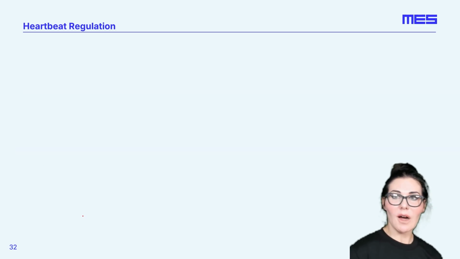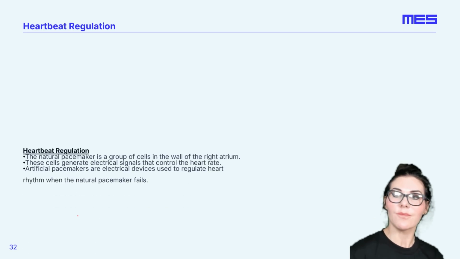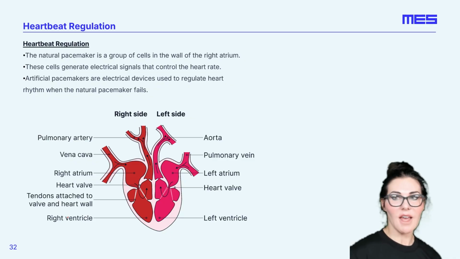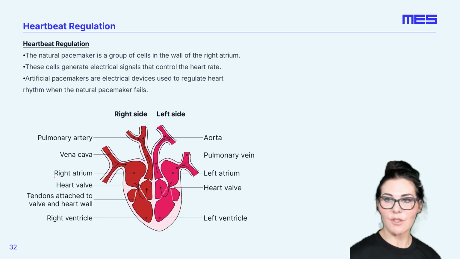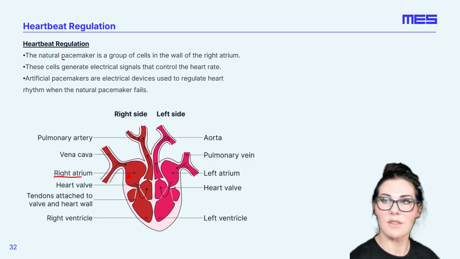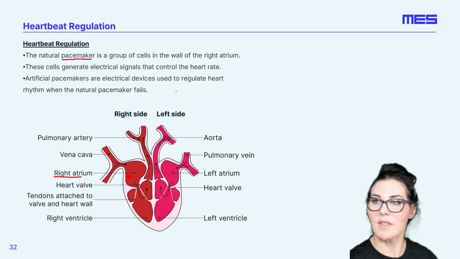Let's move on to our heartbeat and how our heartbeat is regulated. Now, we have in our heart a natural group of cells which are located in the wall of our right atrium. Here's our right atrium, and located in the wall of our right atrium is a little bundle of specialized cells which are known as the pacemaker cells, or the SAN, the sinoatrial node.